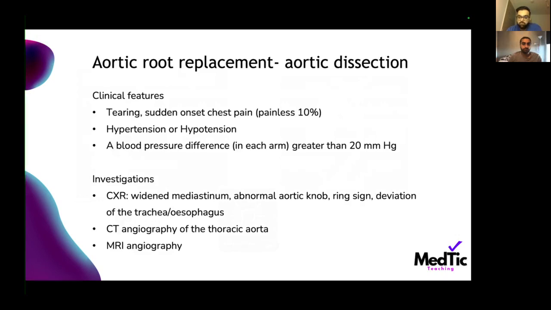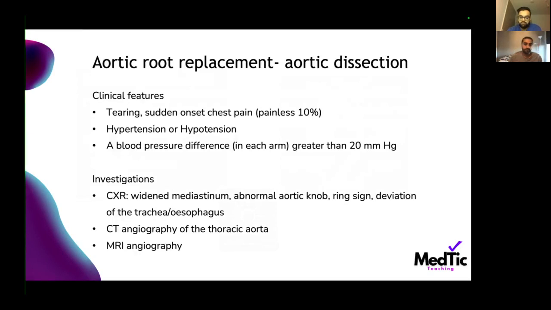What's more important is if the question talks about a difference in blood pressure between each arm of more than 20 millimeters of mercury, then that should hopefully set off the light bulb that this might be an aortic dissection. Typical features you'll see on an x-ray are a widened mediastinum, the abnormal aortic knob, which we'll go over in a second, ring sign, and also deviation of the trachea and/or the esophagus.